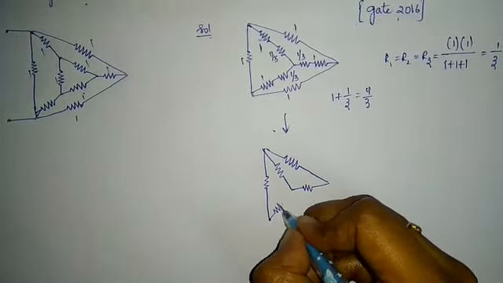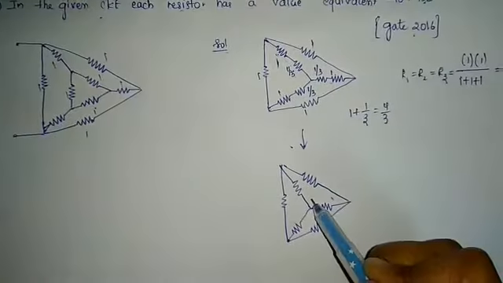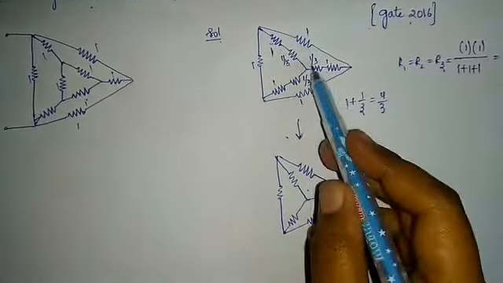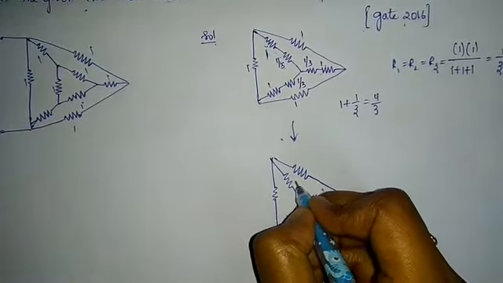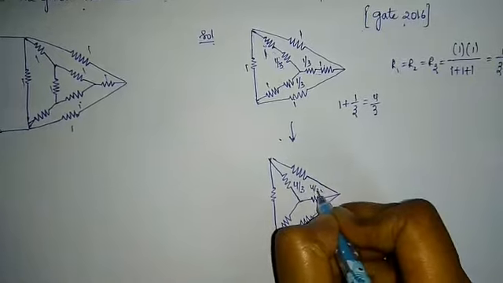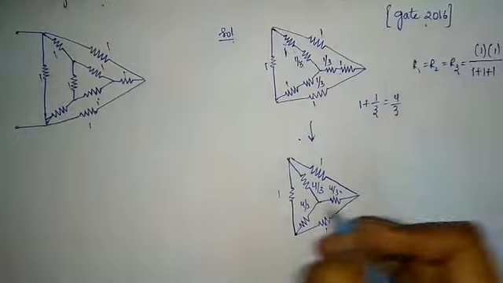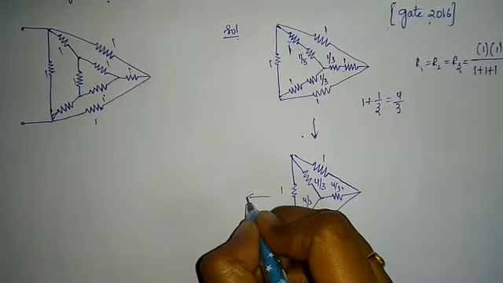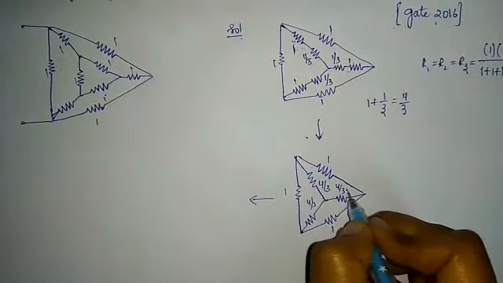Please ignore my networks. This network is reduced to like this after adding these resistances, as these two are in series. So the resistances will be 4 by 3, 4 by 3 and 4 by 3, and these are as usual 1.